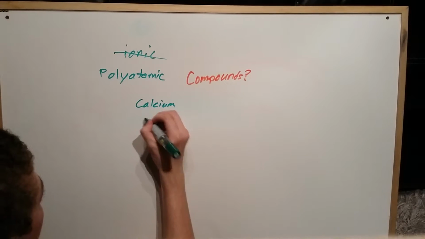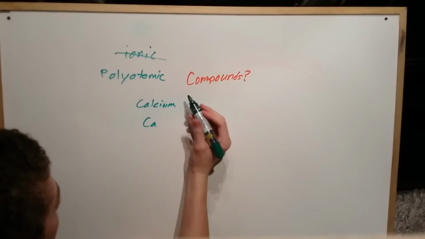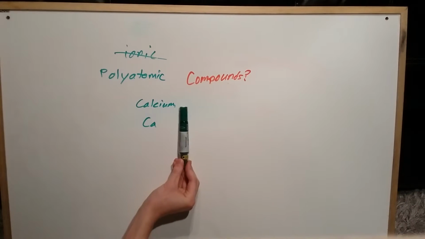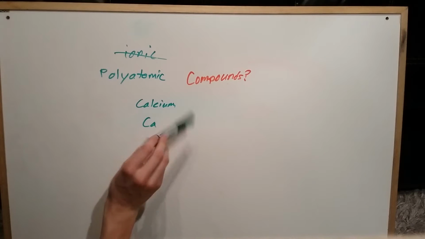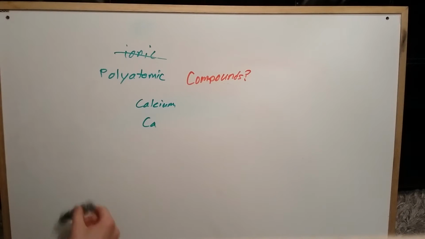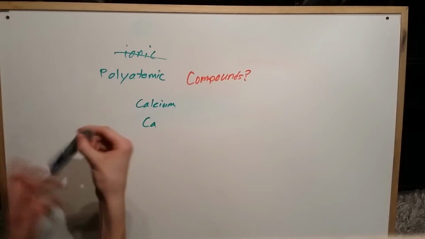This is Ca. It's a metal. And I'm going to do metals, or ionic, or ammonium in green, and I'll do non-metals or the rest of the polyatomics in blue.